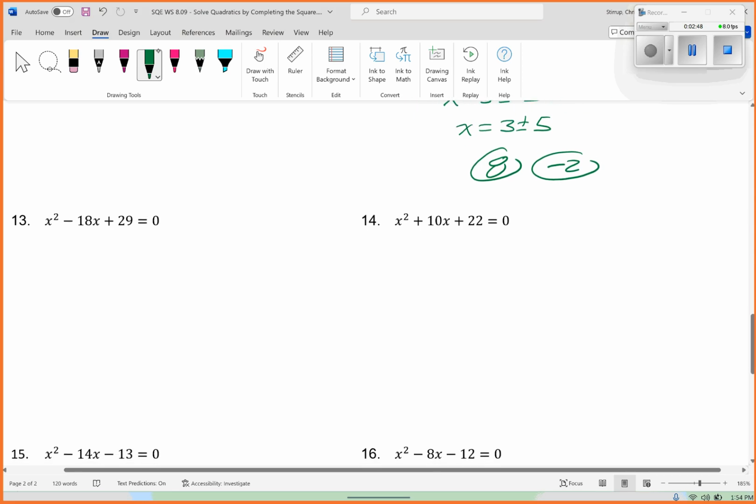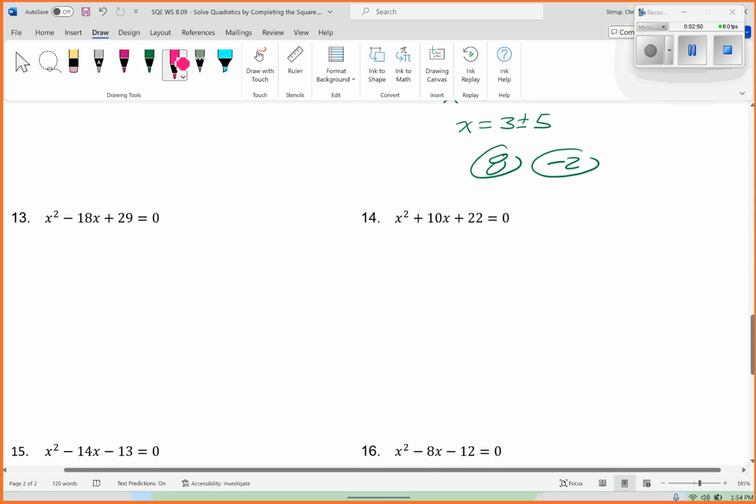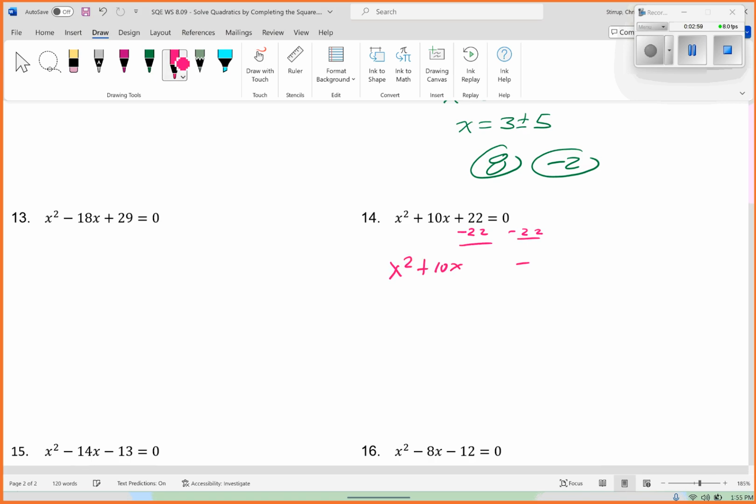All right, number 14. Very first thing, we're going to move this over. So I'm doing the opposite to both sides. All right, x squared plus 10x equals negative 22. Agree? Okay, down below, you're going to set up a parentheses, squared. Okay, x goes in there. Is it a positive or a negative sign? Positive. Because this sign's positive here, it'll be positive down here.